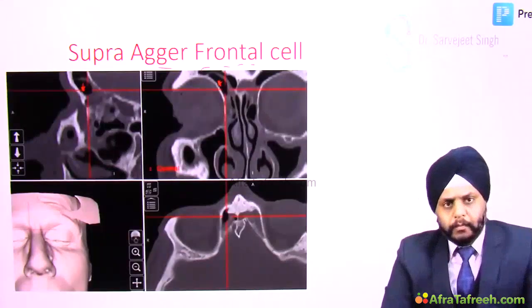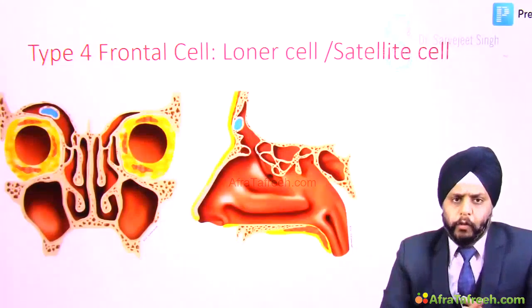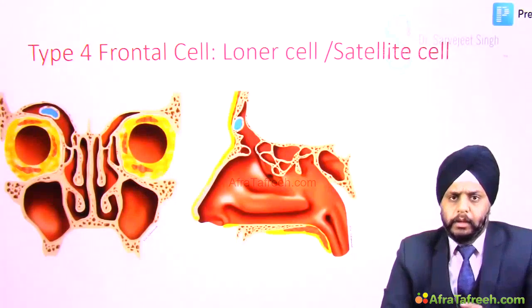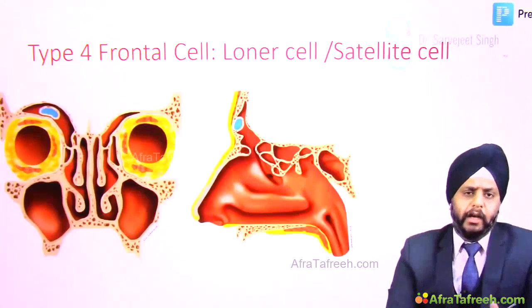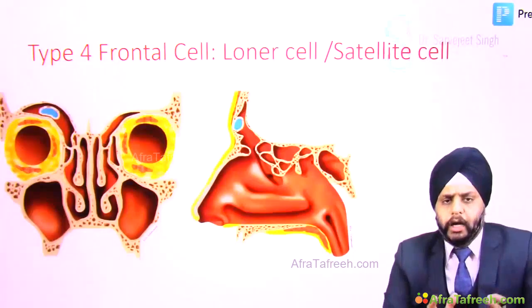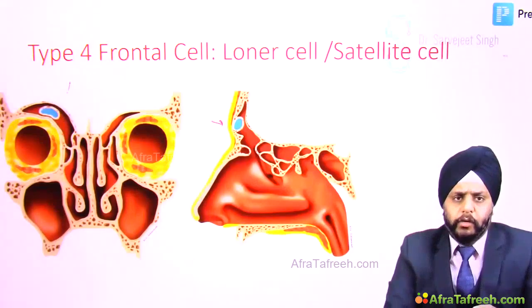Now what we called the type 4 frontal cell, or the loner cell or the satellite cell, is generally a variety of supra-agger frontal cell which has now broken off, and you can see that this cell is lying lonely.